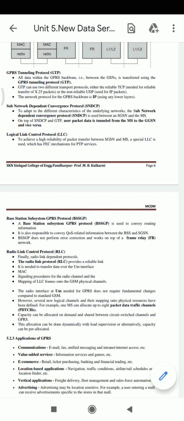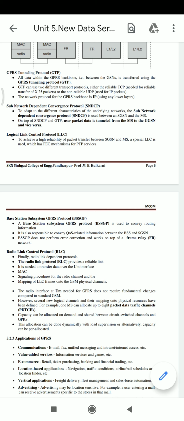In simple words, to forward the packet to the current care of address or current location of the mobile station, the base station subsystem GPRS protocol helps in forwarding the packets.